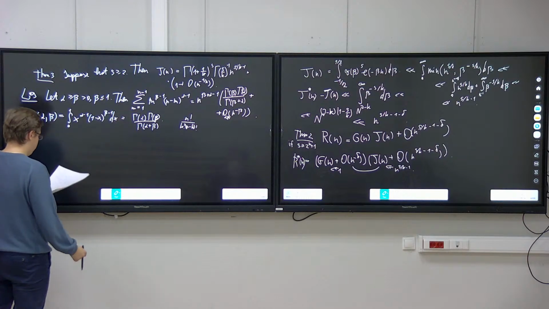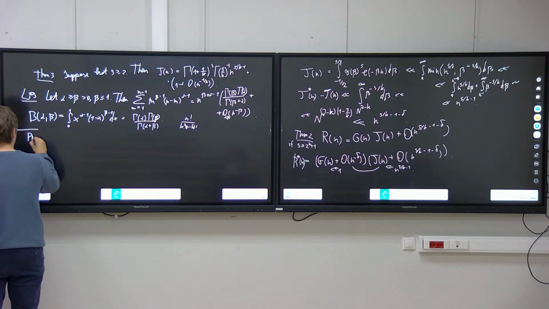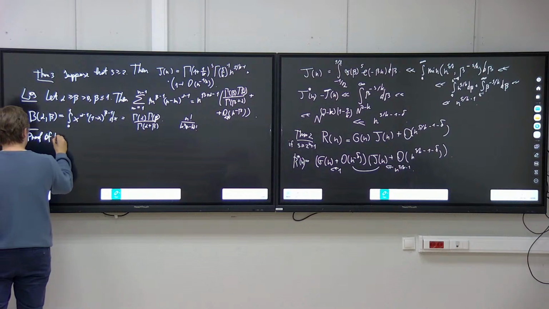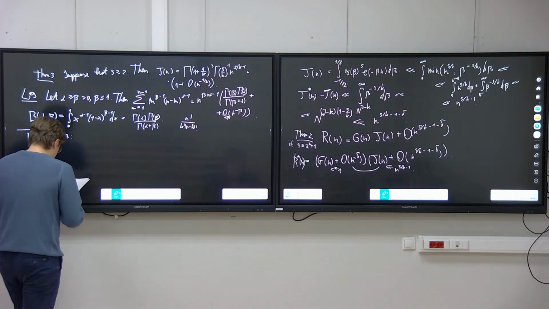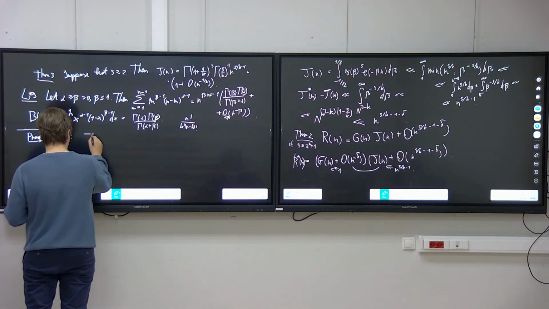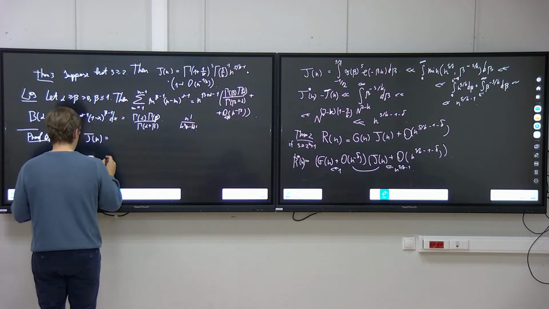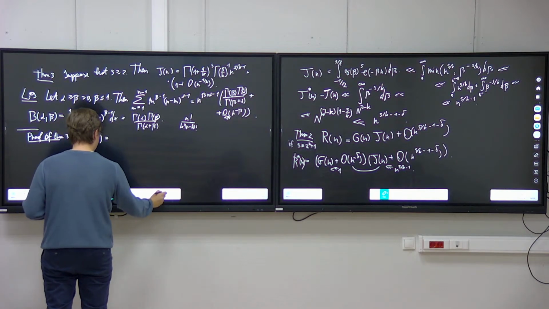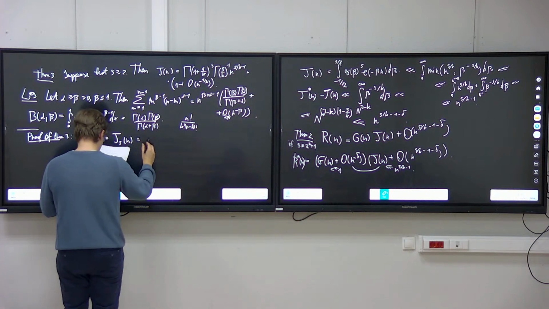We actually said how to prove it and how to deduce the proof of theorem 3, by induction on s. So first let us note that J of n, which denotes J_s of n because it depends on s, is such a sum.